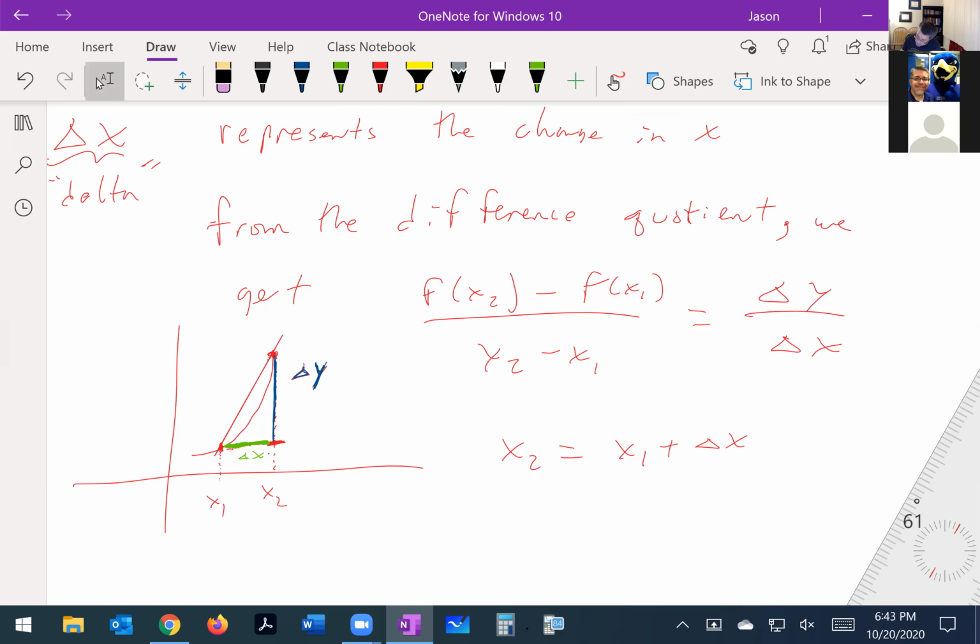The change in x is x2 minus x1. So if x2 minus x1 equals delta x, then x2 is equal to x1 plus delta x.